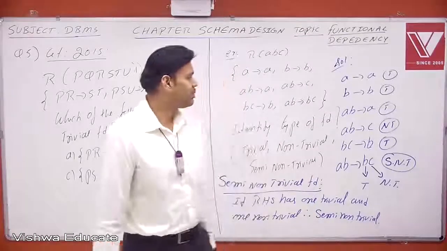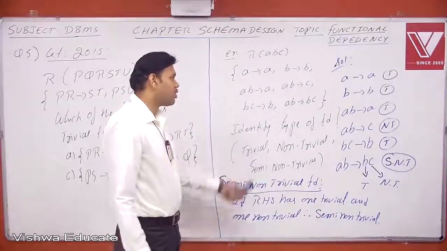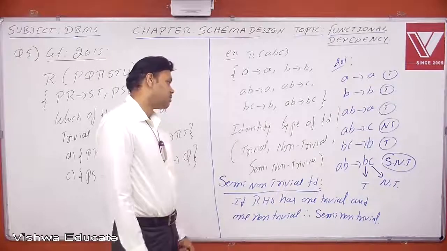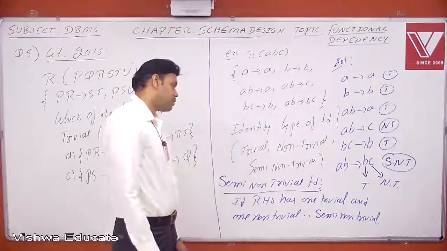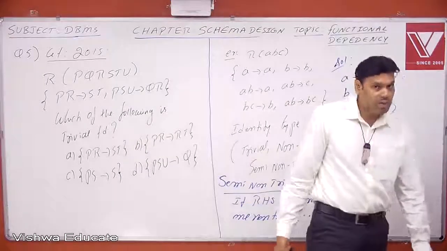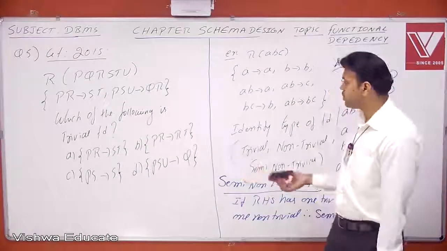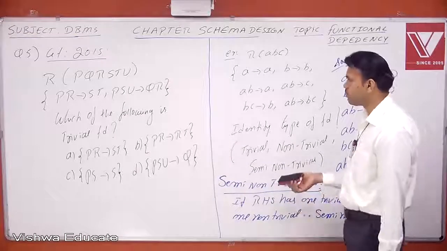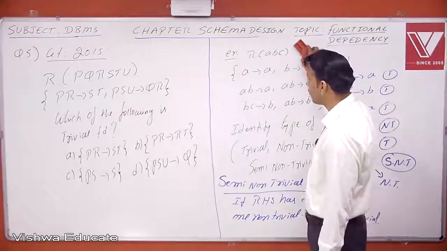So, okay students, now you have copied the right hand side one, and based on that we would like to identify, and we know how to identify whether it falls into trivial or non-trivial or mixed functional dependency.